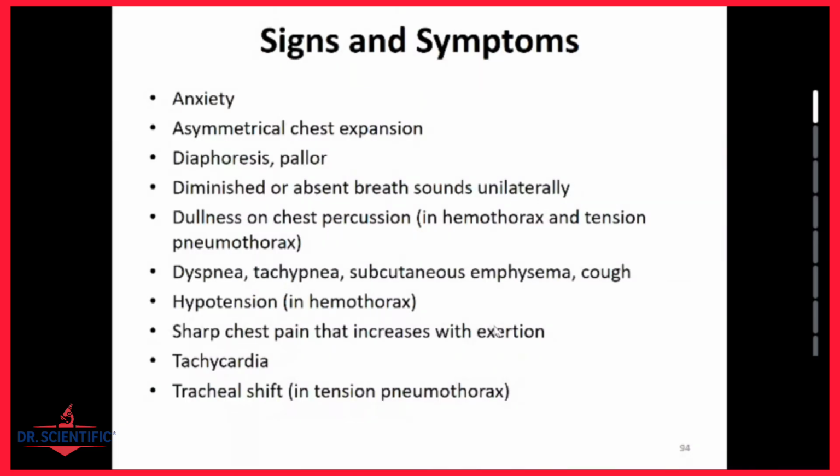So your signs and symptoms, of course, there are the general symptoms like anxiety, asymmetrical chest expansion, so it's not uniform in terms of the expansion. We have diaphoresis, we have dyspnea, there is dullness on chest percussion, more especially in hemothorax and tension pneumothorax.